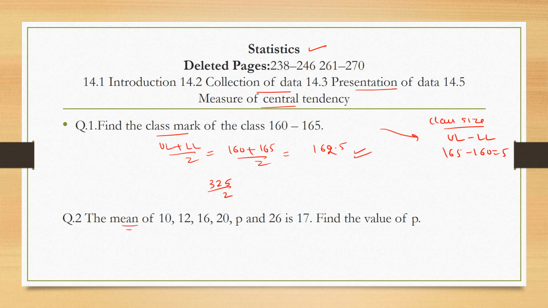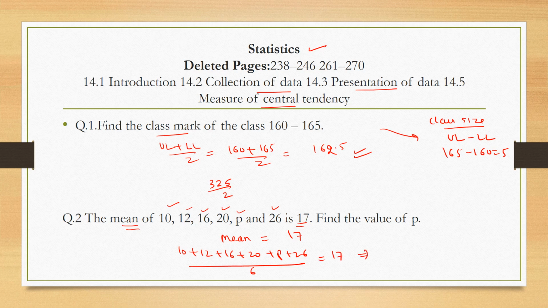Now, the mean is given to us as 17. This is also one central tendency measure. You know, mean is sum of observations upon total number of observations. So 10 plus 12 plus 16 plus 20 plus P plus 26 divided by how many terms? How many numbers? 1, 2, 3, 4, 5, 6. So 6 observations are there, equals 17.